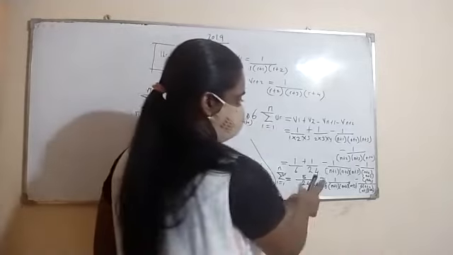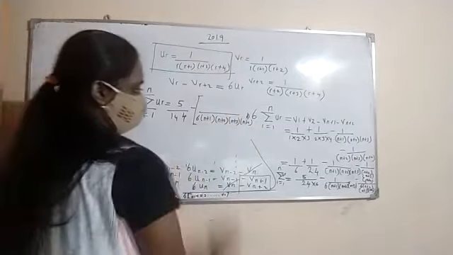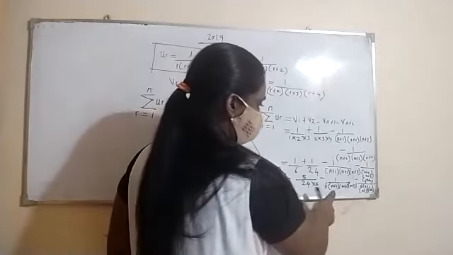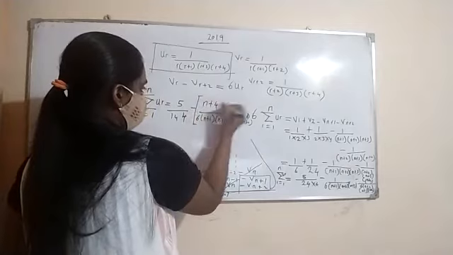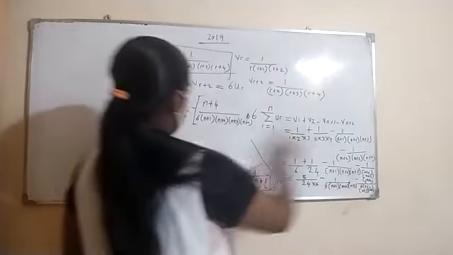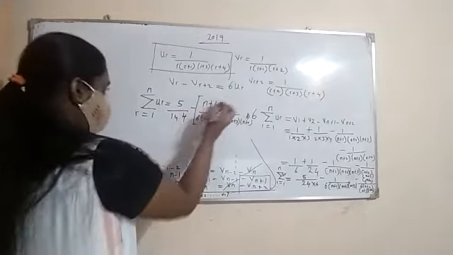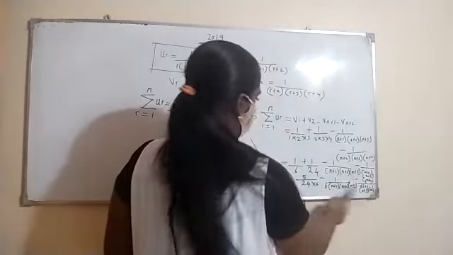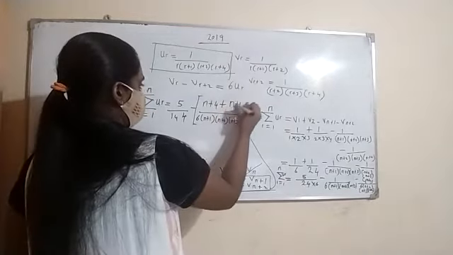So here minus, here minus, I'm taking the minus sign out. Careful now. Here N plus 1, N plus 2, N plus 3, so there should be N plus 4 here. There is a minus sign here, so I took the minus sign out, then I will get a plus sign here. So here we have N plus 2, N plus 3, N plus 4, then here N plus 1.